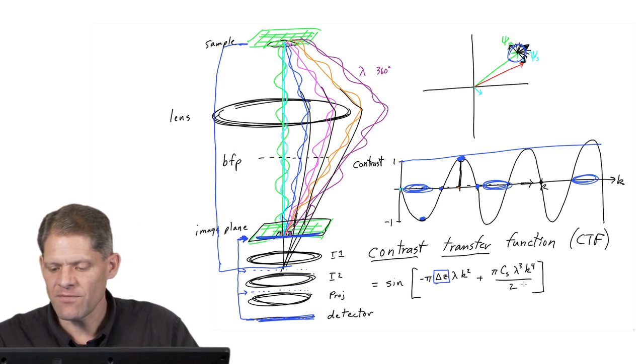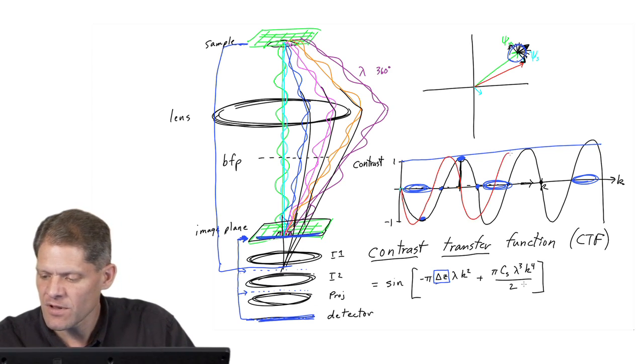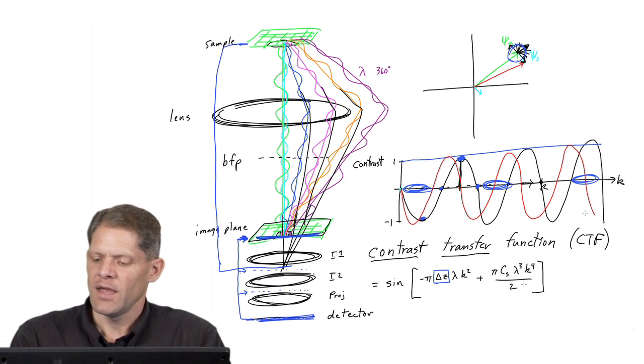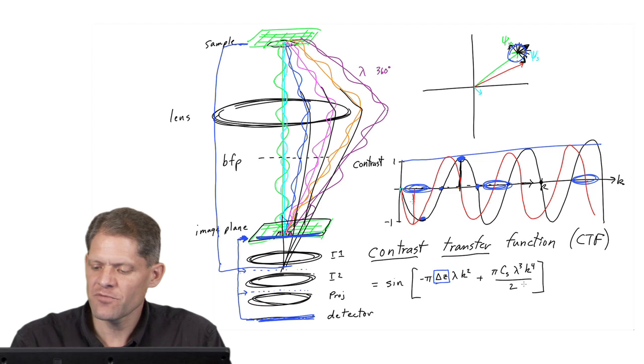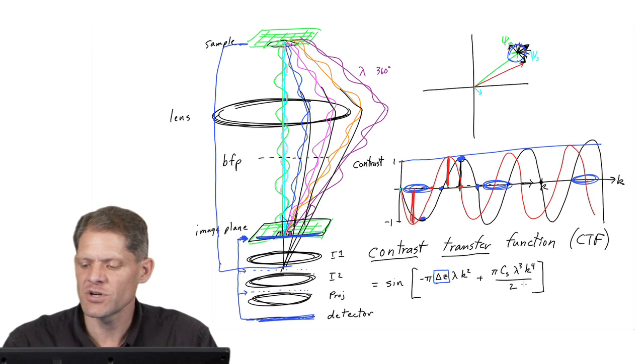For instance, if you defocus this microscope, the contrast transfer function will shift like this, changing which spatial frequencies are strongly present in the image, which spatial frequencies are lost, which spatial frequencies again are strong, which are lost.